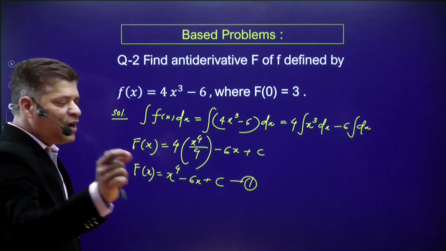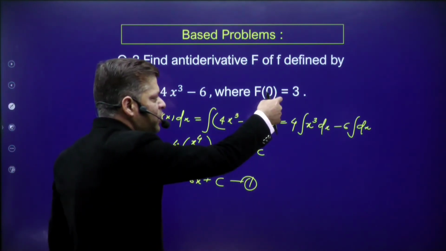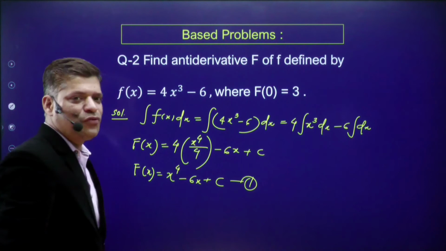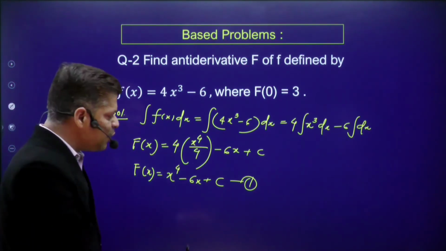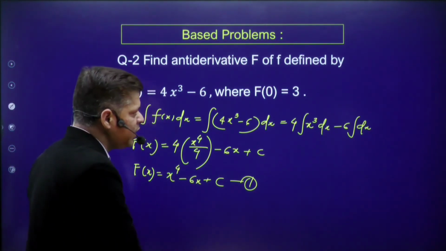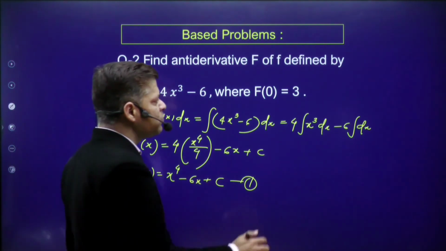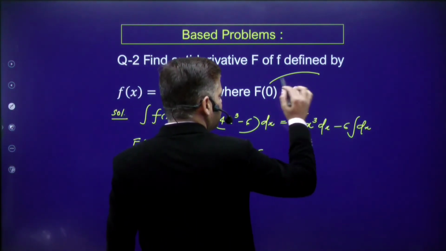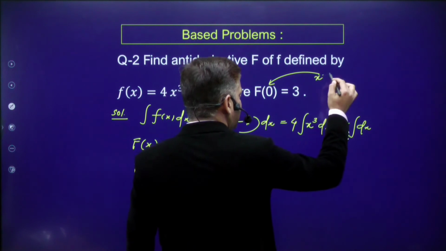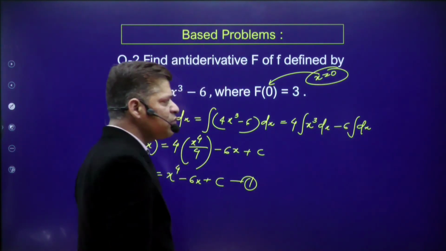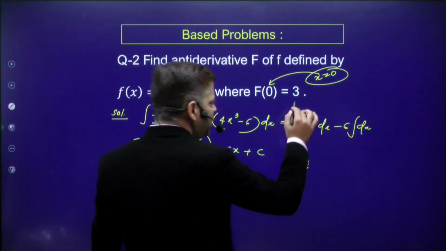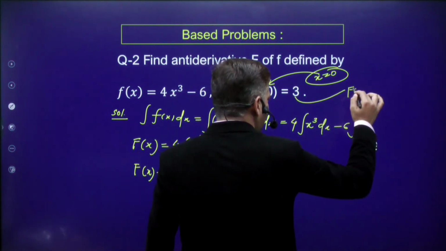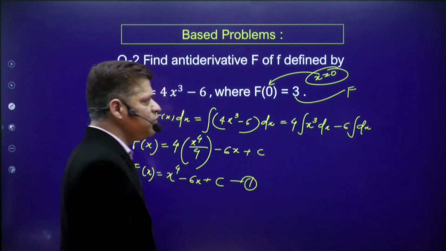Now you understand why this condition is given: to find the value of the constant of integration. Now F(0) is equal to 3. What is the meaning of this? The 0 defines x equal to 0, and 3 is the value of F at x equal to 0.